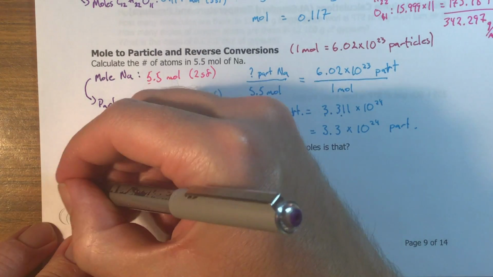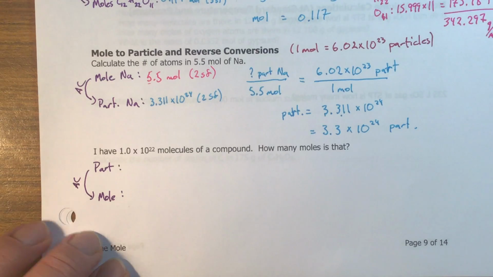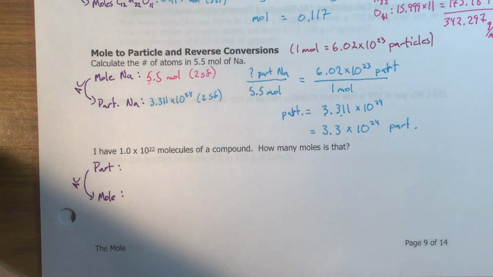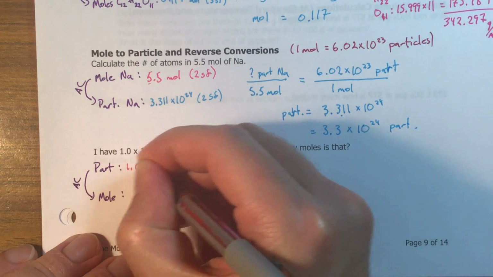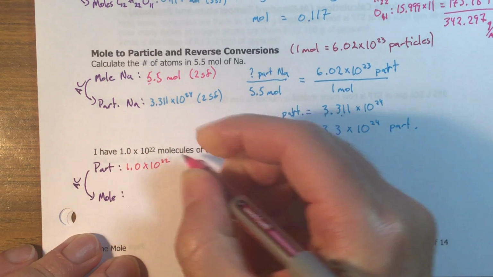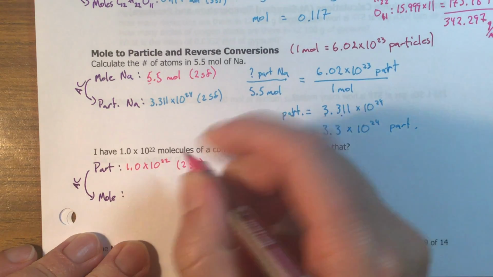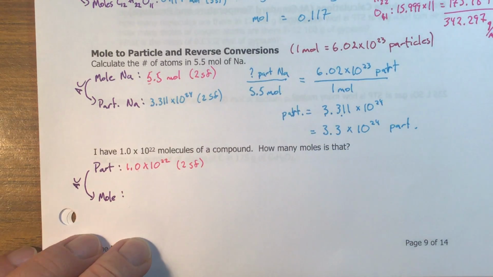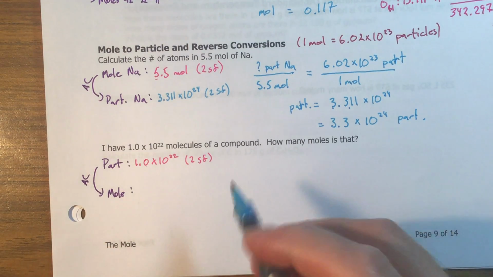And we're going to use the Avogadro's constant to do that. So how many particles do I have? I have 1.0 times 10 to the 22, and that is two significant figures because trailing zeros after a decimal are significant.